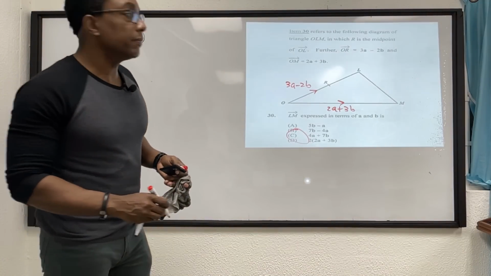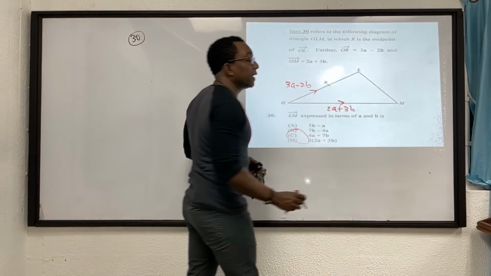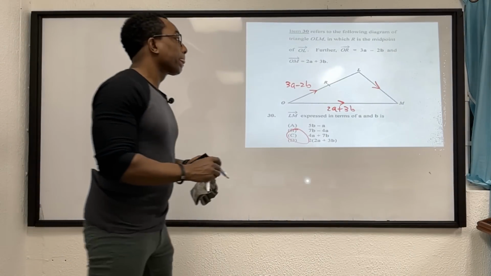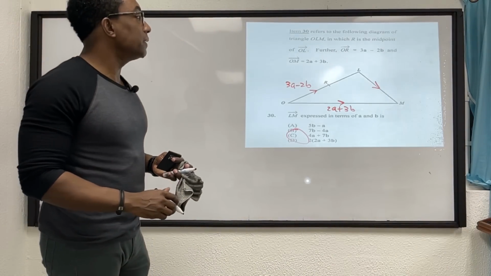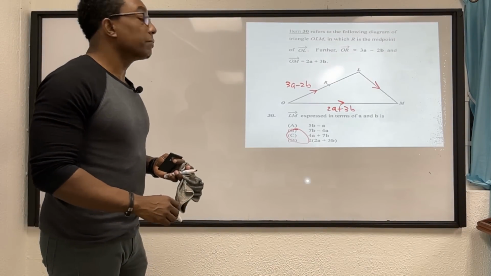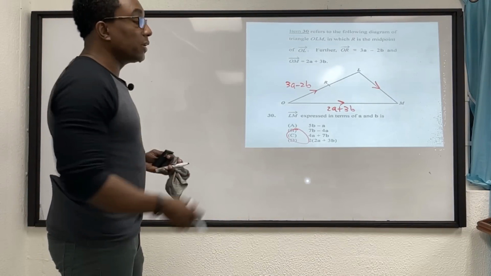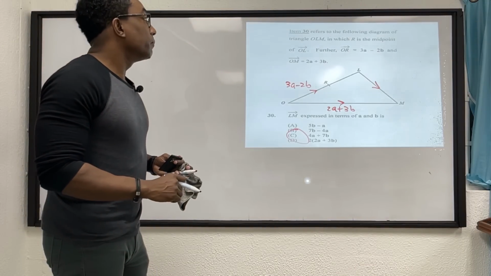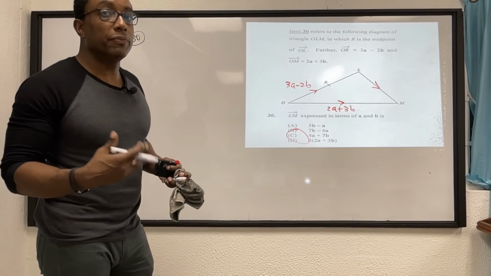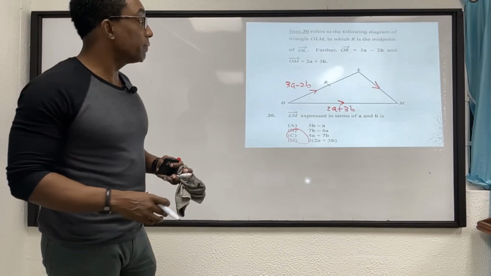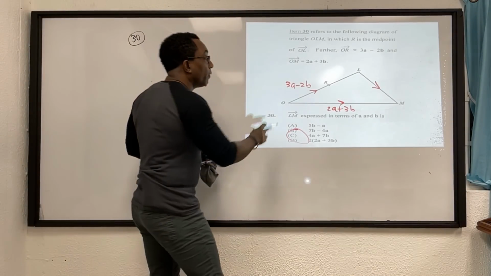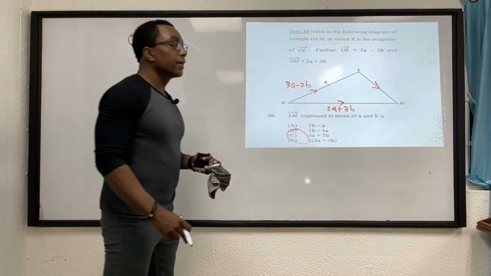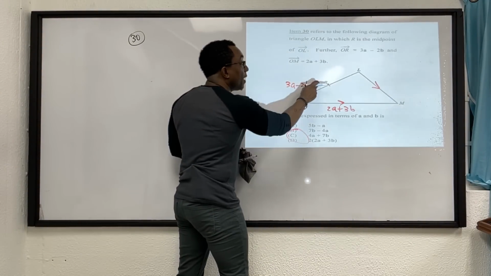So for vector LM, I see my connection from L to M, so I must put my direction from L to M. What we're going to implement here to help us find LM is something called the triangle law. We see a triangle, and with the triangle law, we must have a triangle and we must have information for 2 vectors. We must have the magnitudes of 2 vectors on that triangle. LM falls within this big triangle, as we see. We have the magnitude of OM, and we have the magnitude of OR.